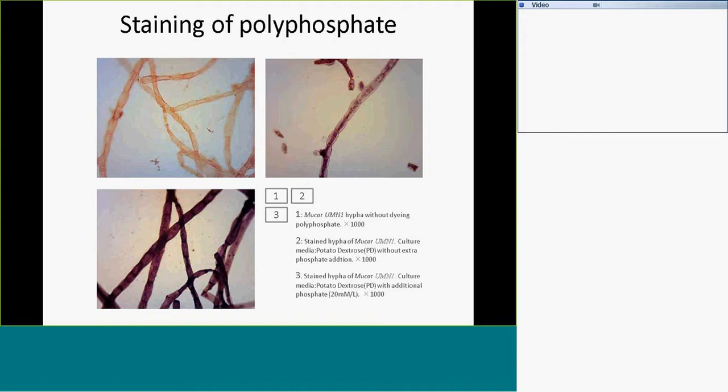One mechanism to remove phosphate is through polyphosphate accumulation inside the bacteria cell. And interestingly, the same happens in the fungi species for testing. As you can see, the dark area indicates the polyphosphate granules inside.